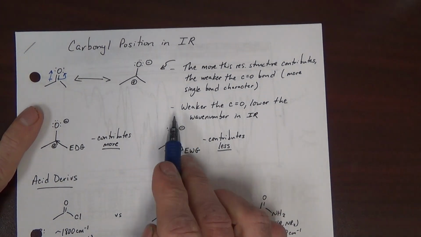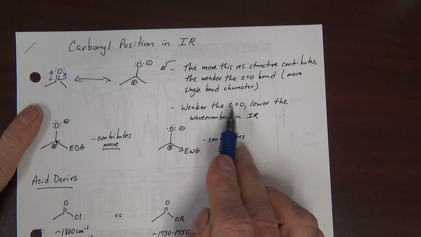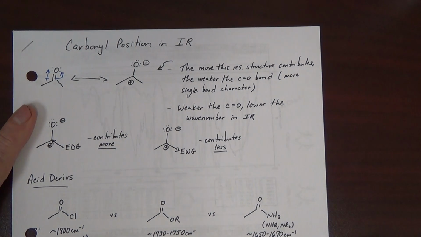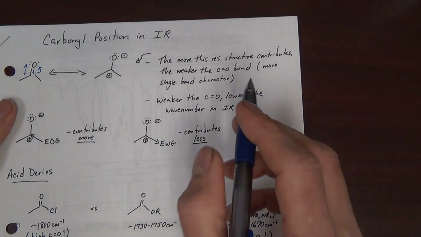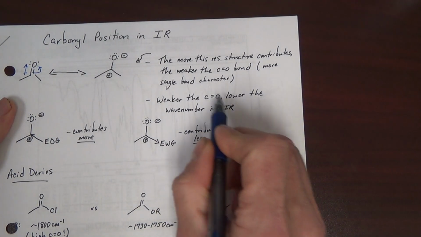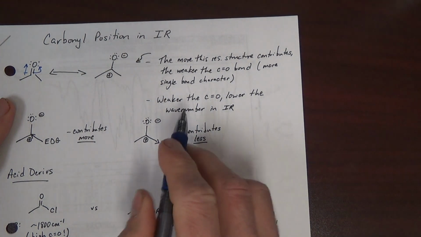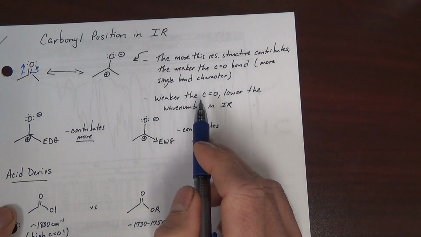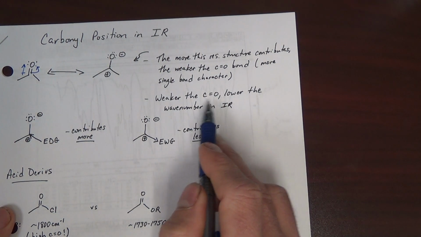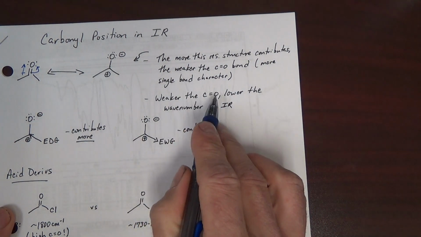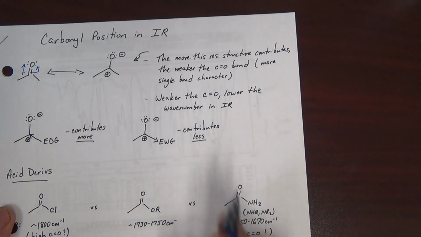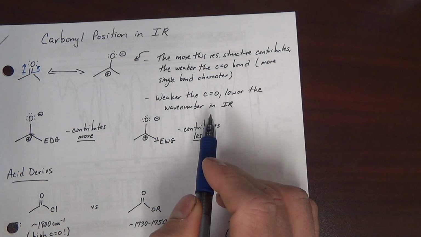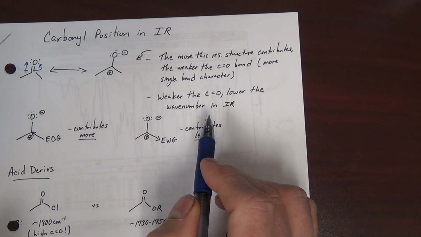Now we should also know that the weaker the bonding is between the C and the O, the lower the wave number in the IR. Because we learned in Organic 1 when we first introduced IR that peak position is based on two main things: mass of the atoms, but in this discussion it's carbon and oxygen in all cases. We're dealing with carbonyl. The difference here is going to be the second important thing, which is bond strength.